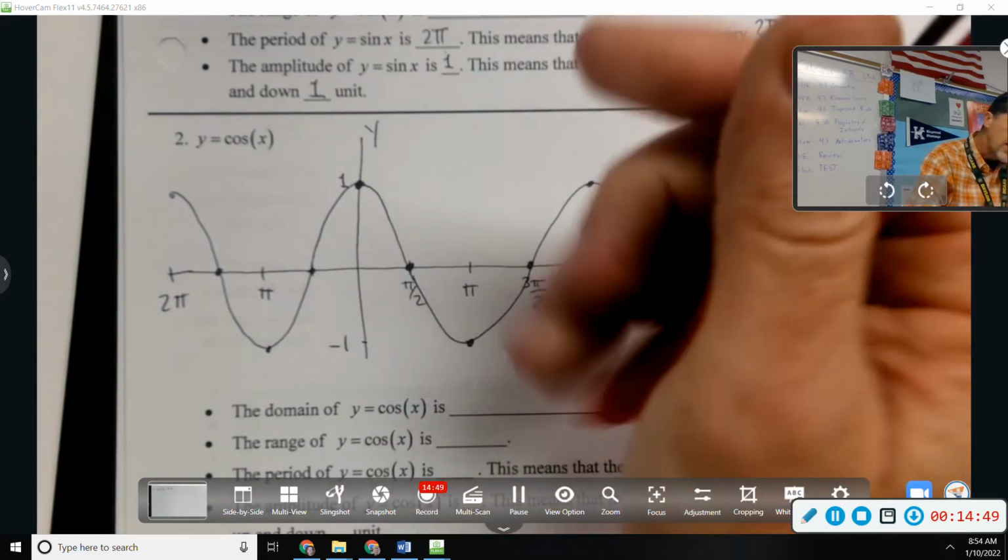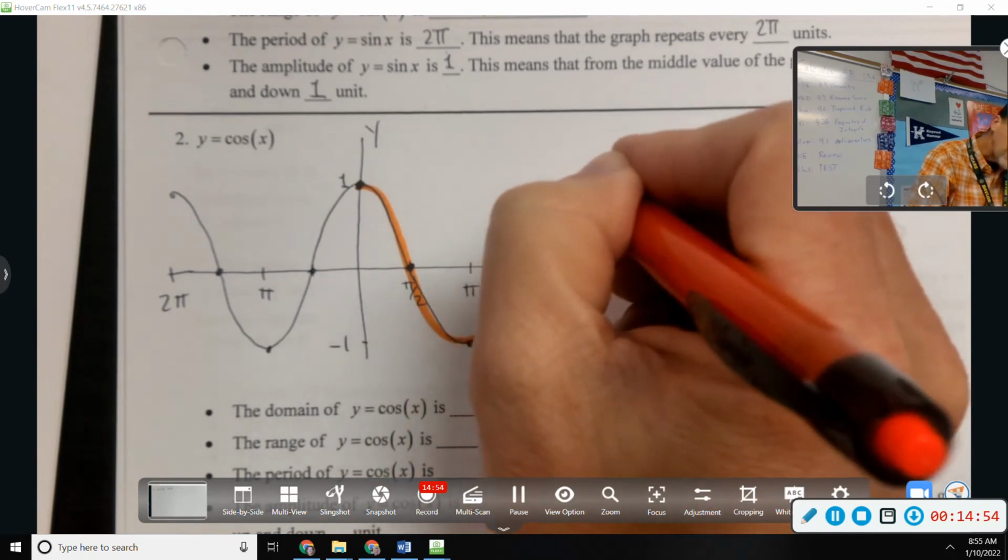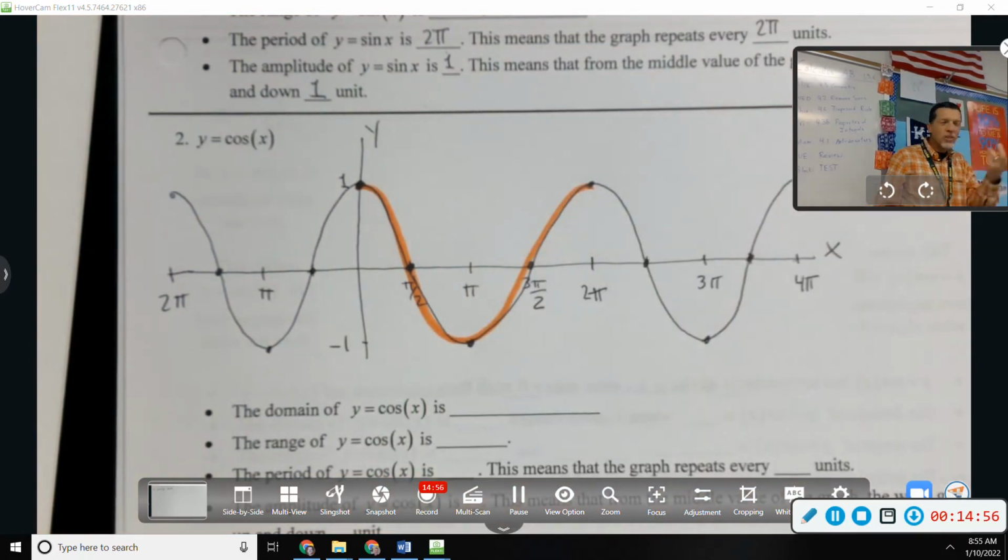Again, I'm going to highlight the 0 to 2 pi because that's the part you need to know. Once you know the 0 to 2 pi part, you just copy paste however far in each direction you want to go.